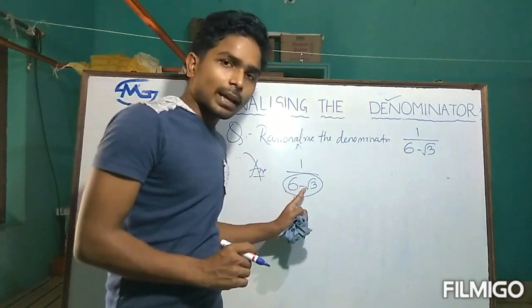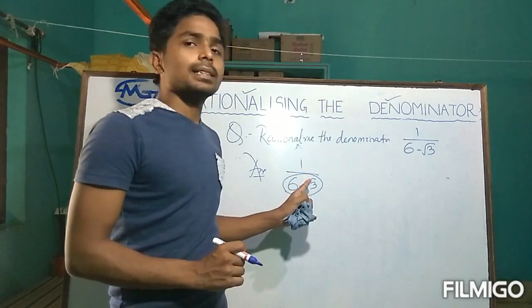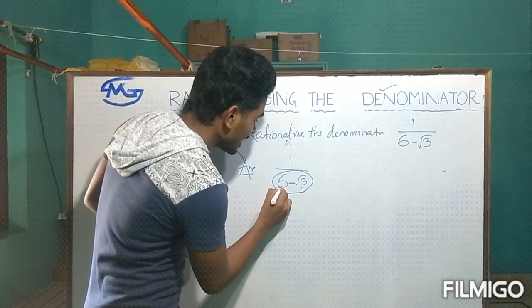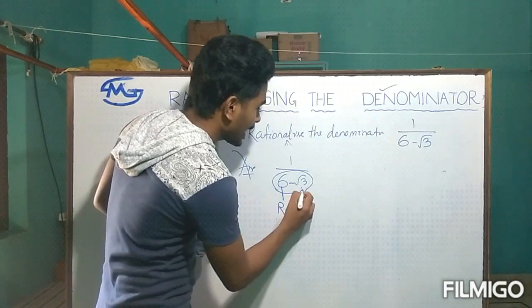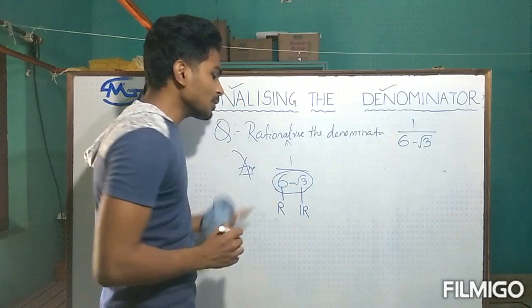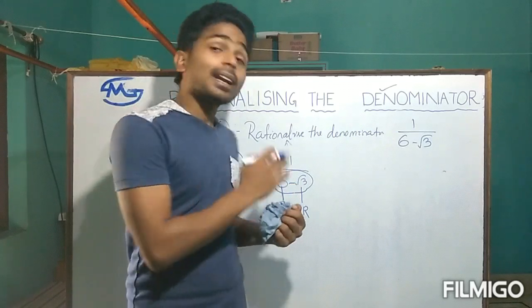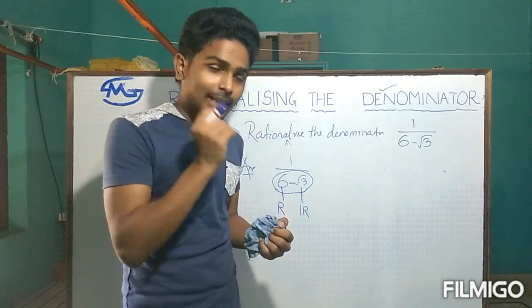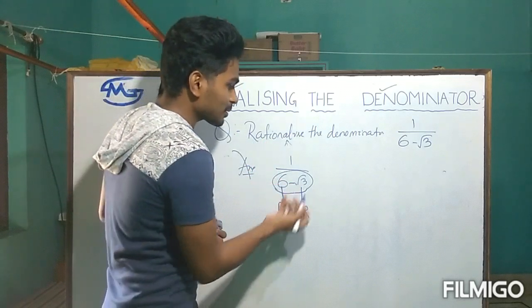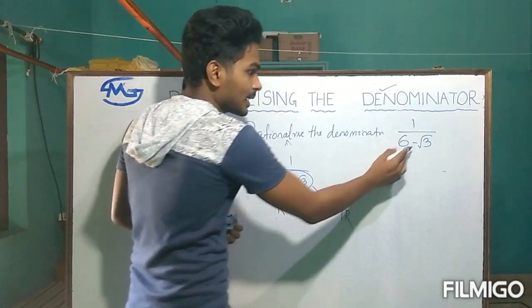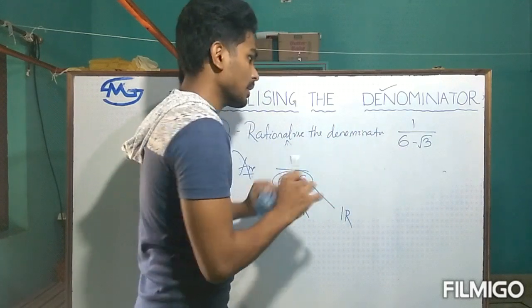Now we have to identify whether 6 minus root 3 is an irrational number or a rational number. 6 is a rational number, okay, and root 3 is an irrational number. As we know, whenever a rational number and an irrational number are subtracted, the result is always irrational. So 6 minus root 3 is always an irrational number. Hence the denominator is irrational.